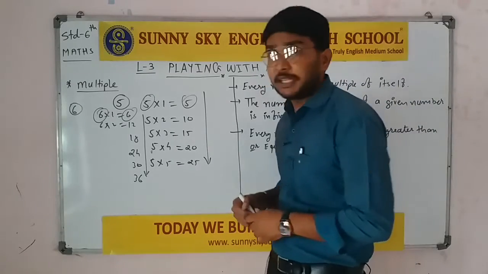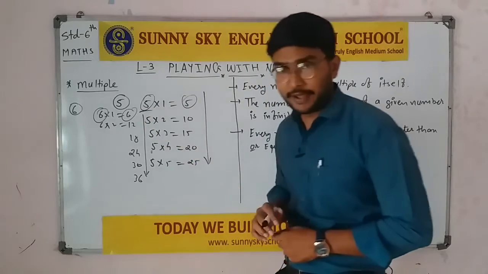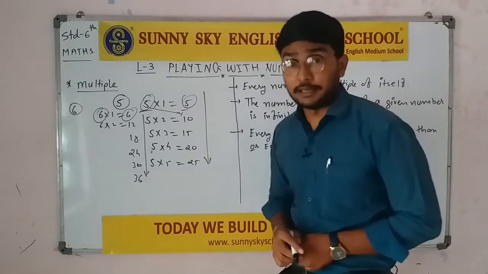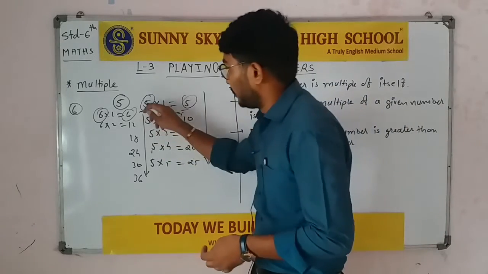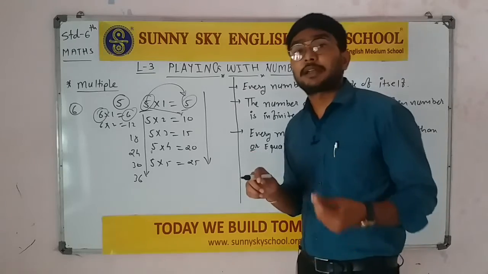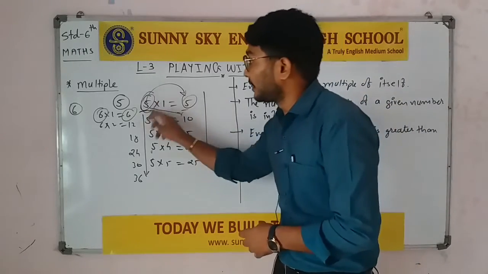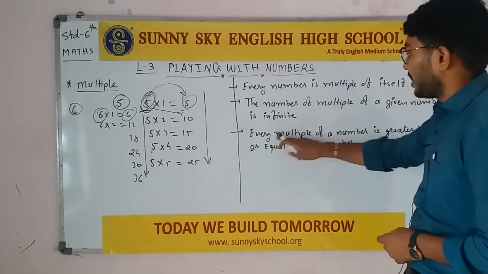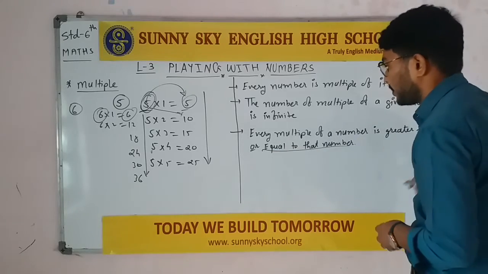If we find the multiples of 5, what do we get? 5. Then the second multiple is 10. The first multiple is equal to 5, but all the other multiples are greater than our given number. Therefore every multiple of a number is greater than or equal to that number.